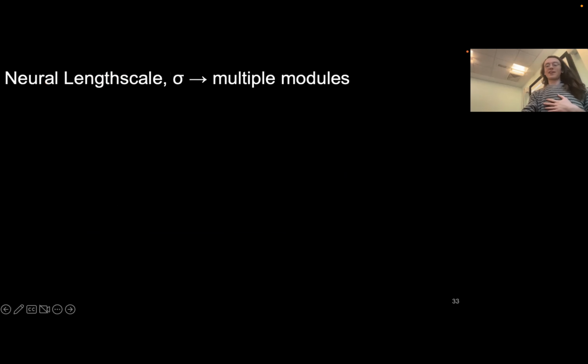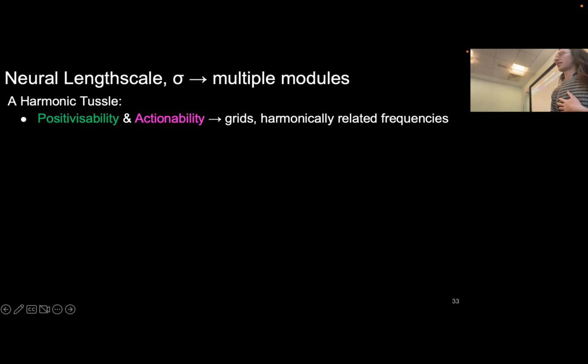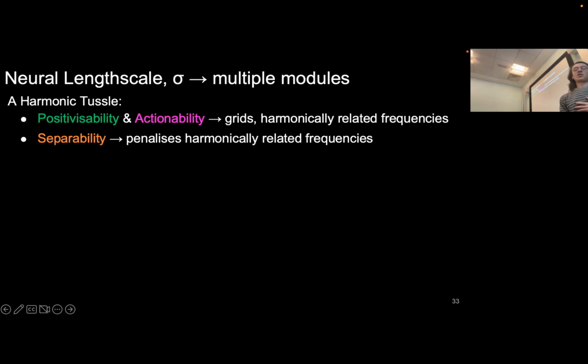Okay, so we've now got a little bit of a harmonic tussle. On the one hand, I argued that we wanted grids of frequencies, which are exactly those that are simply harmonically related, like integer multiples of some base frequency, in order to get positivizability. On the other hand, we want to penalize those pairs of frequencies that are integer ratios of one another because they encode things really badly.